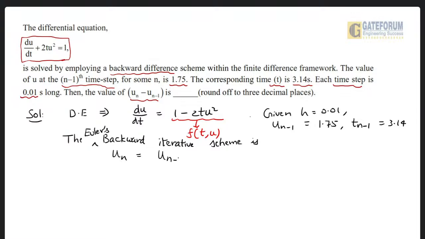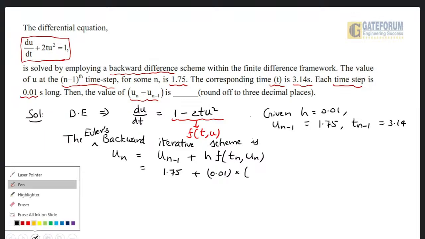So un is equal to un minus 1 plus h times function of tn comma un. Okay, so this is the formula. Now, what is un minus 1, given already? 1.75, plus h value 0.01 into function of tn comma un.